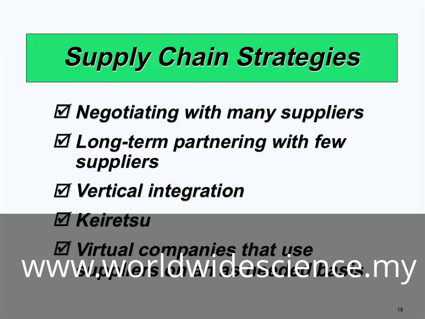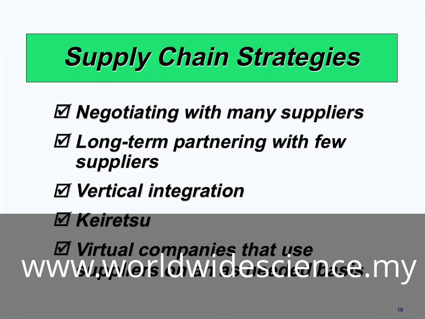Supply chain main strategies include 5 items that have been listed, as you see in the PowerPoint. The first strategy is negotiating with many suppliers. The second is long-term partnering with few suppliers.